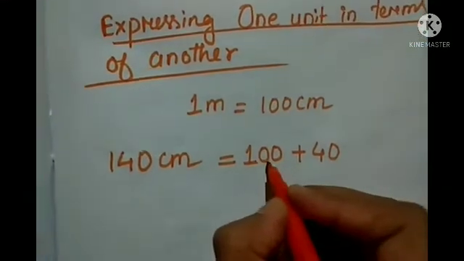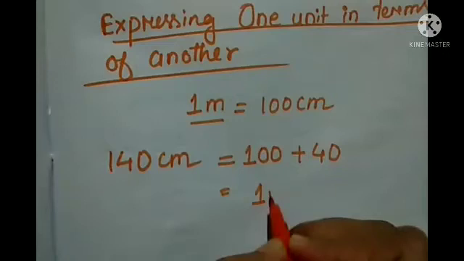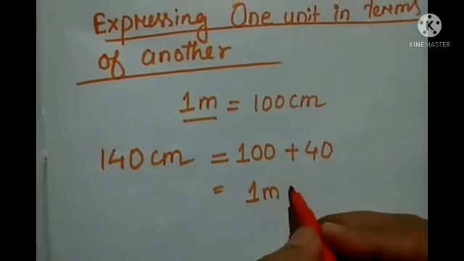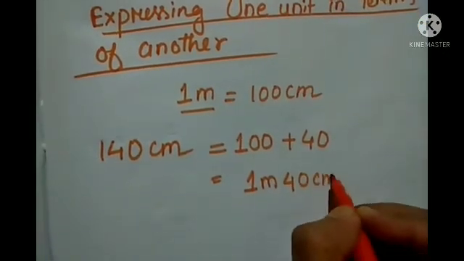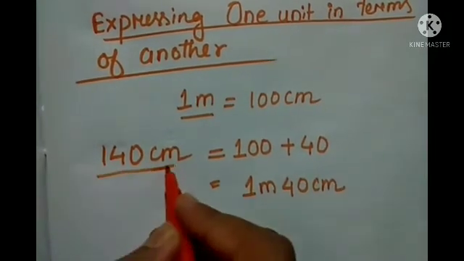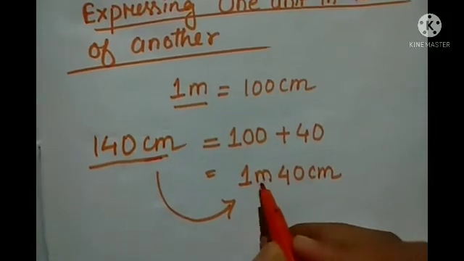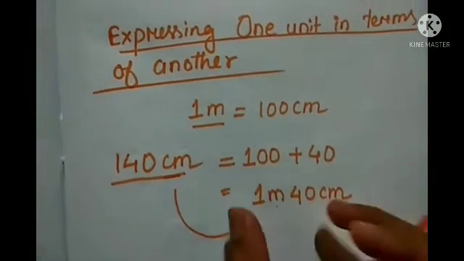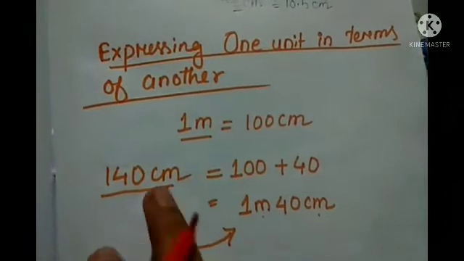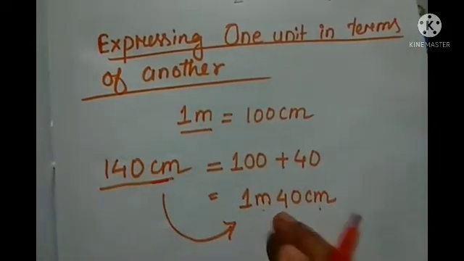So 100 centimeter means what? 1 meter. So in place of this I can write 1 meter, and what is remaining? 40. So 40 will remain in centimeter. While this was totally 140 centimeter, now we have converted it into meter, so 1 meter 40 centimeter. That means here we are expressing one unit in terms of another.